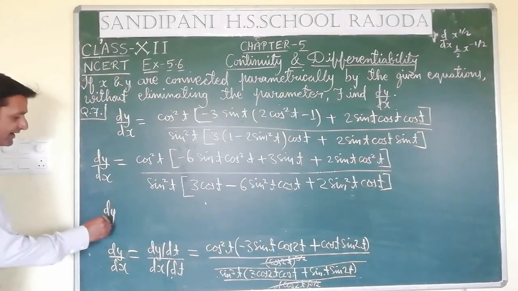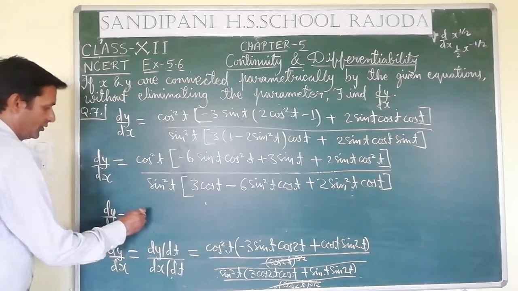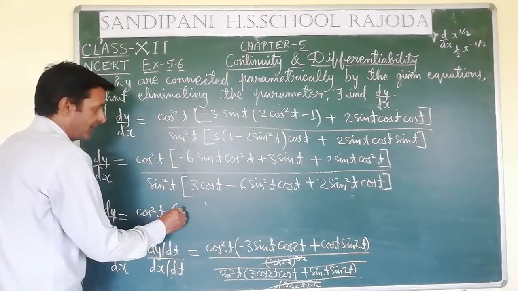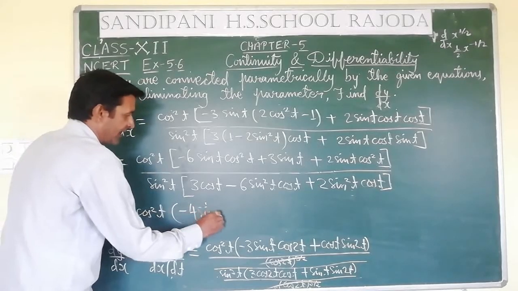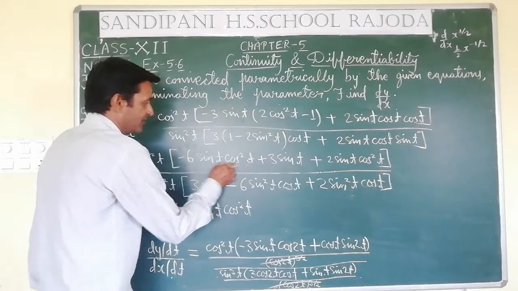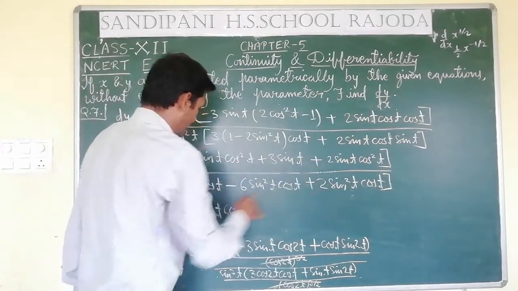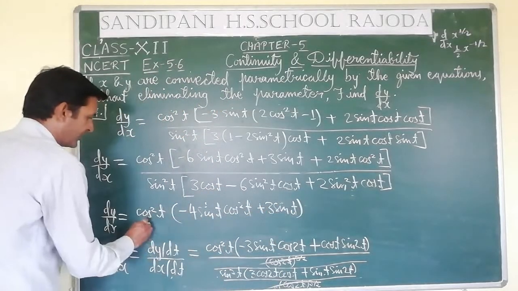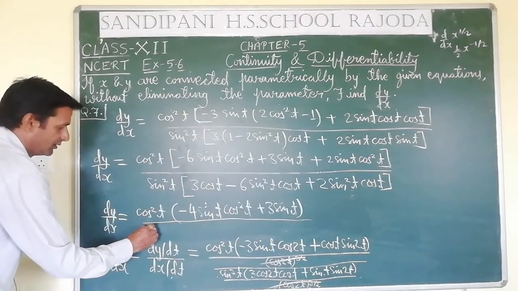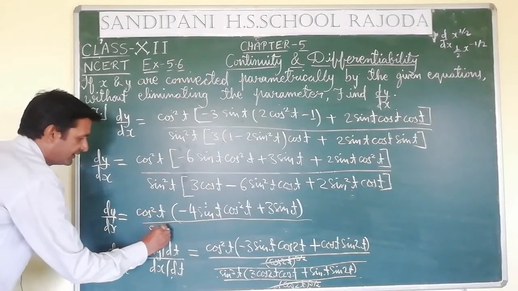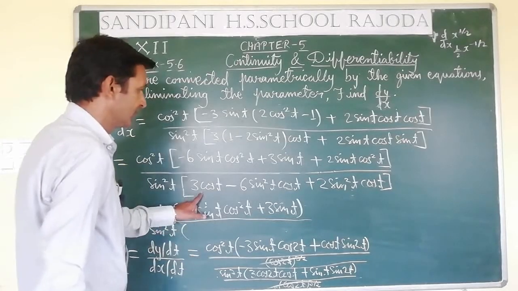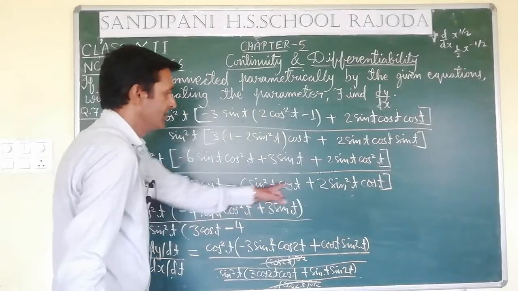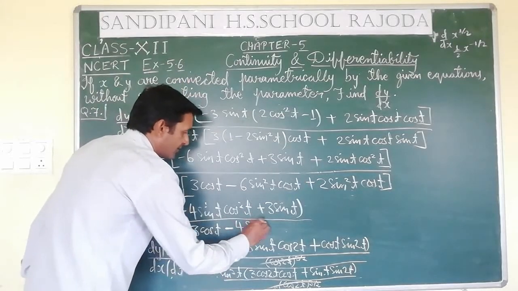So it will be dy by dx is equal to cos square t, and in bracket it will be minus 4 sin t cos square t, both are same terms, so minus 6 plus 2 is minus 4, plus 3 sin t, and here in denominator sin square t, and with sin square t, 3 cos t minus 4 sin square t cos t.